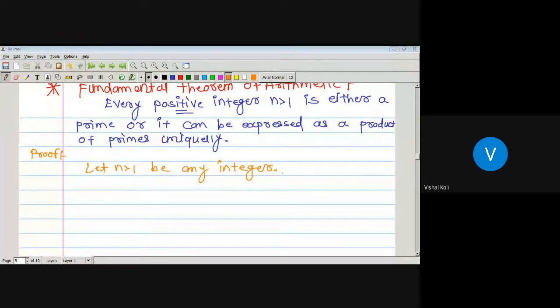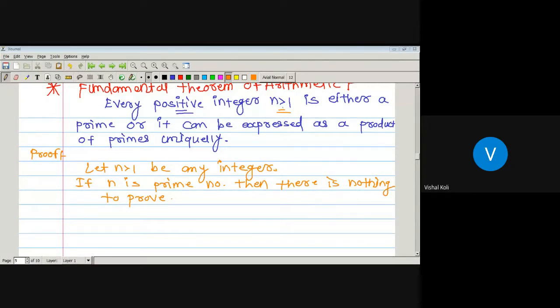Either it is a prime or it is a composite, and we have to see both cases. So if n is a prime number, then there is nothing to prove, since whenever n itself is a prime number, the result is true for this case. Whenever there is an integer greater than 1, we have to show that either it is a prime or it can be expressed as a product of primes uniquely.